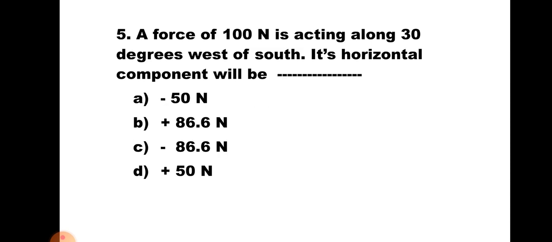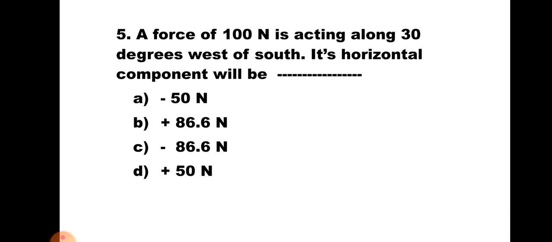Question number 5. A force of 100 Newton is acting along 30 degrees west of south. Its horizontal component will be A. minus 50 Newton, B. plus 86.6 Newton, C. minus 86.6 Newton, and D. plus 50 Newton.